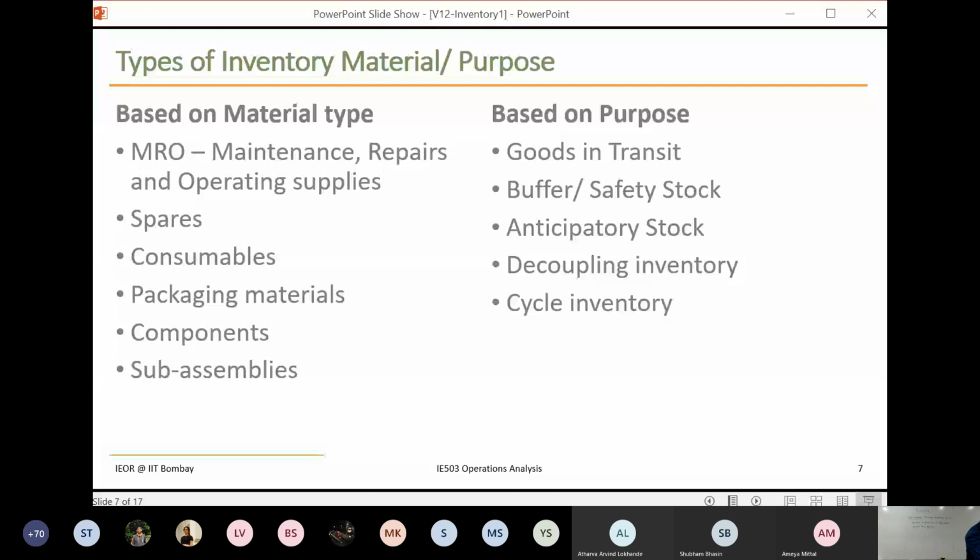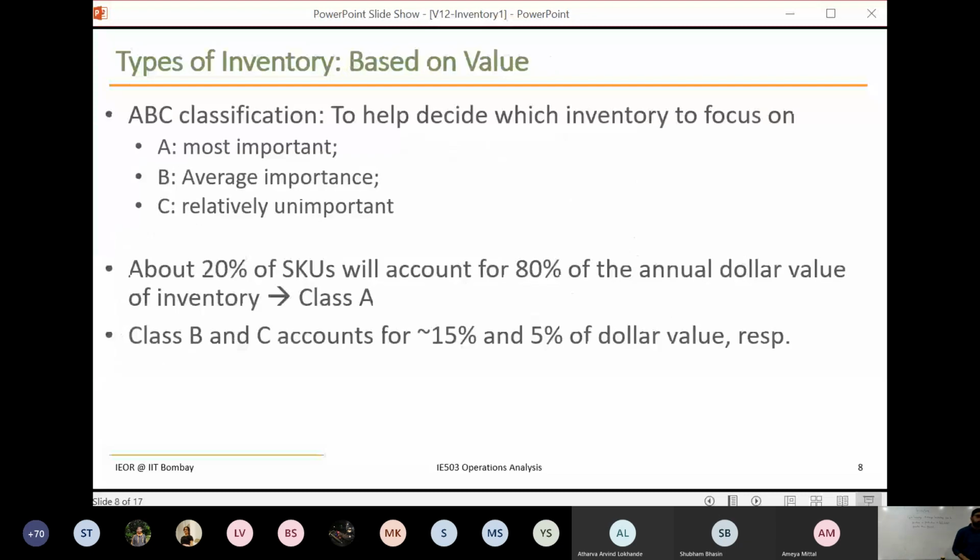Okay, now let's move on. There are more ways to classify inventory, based on value. Over time, this ABC classification has come out to be a very interesting and straightforward approach, which helps decide which inventory to focus on.